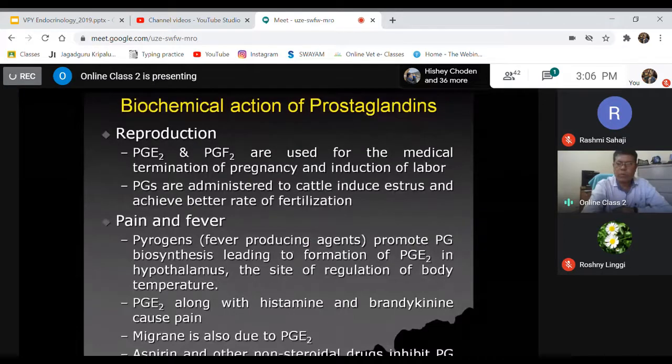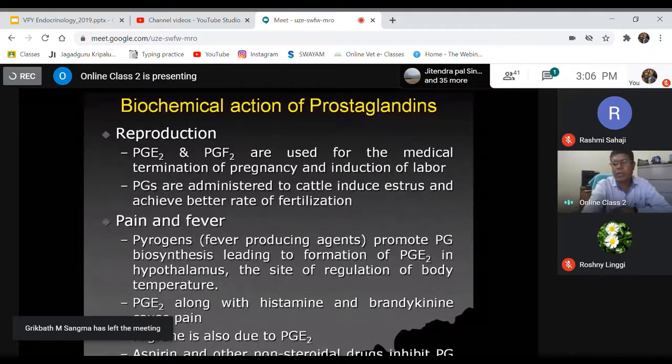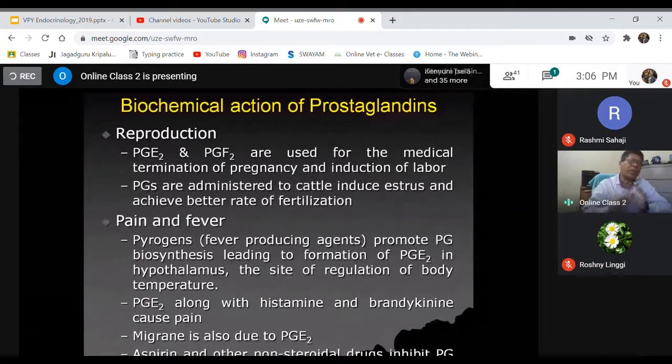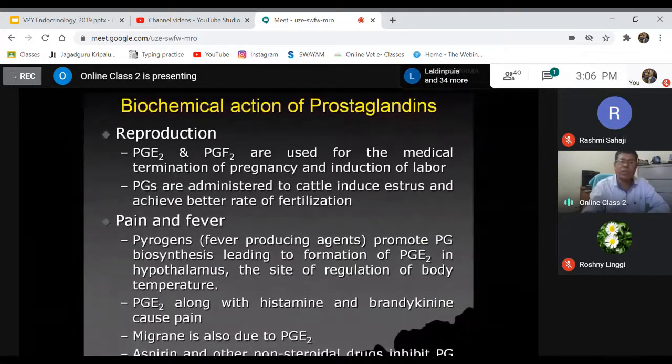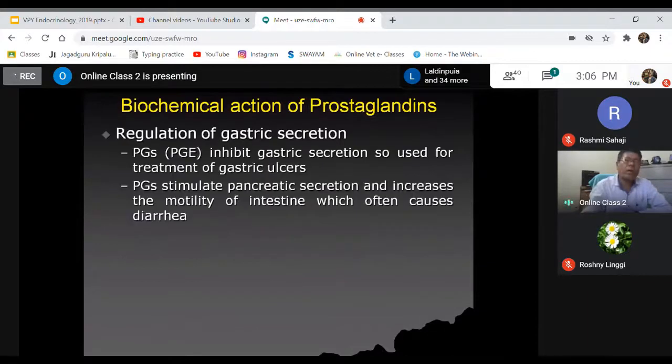Migraine is also due to PGE2. Aspirin and other non-steroidal drugs inhibit the prostaglandin synthesis. So if we give this medicine, then the prostaglandins will not be synthesized, and we will not have all these problems. These medicines are used just to block the synthesis of the prostaglandins.